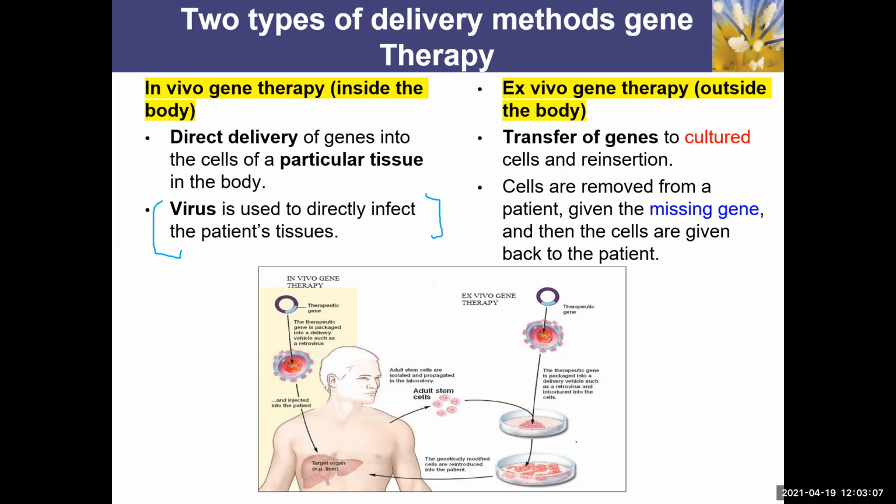The idea is to give a correct form of the gene to a particular patient. We call it gene therapy. The missing gene is incorporated using a virus into these cells, and these cells can be transplanted back into the human being. So we call it ex vivo gene therapy, because we have incorporated the gene outside the patient's body.